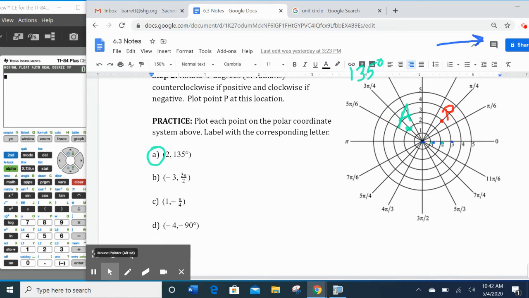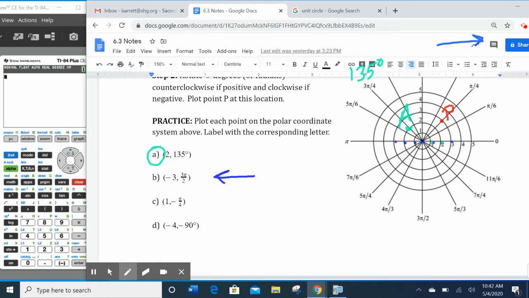So how do negatives affect this? Well, if r, the first coordinate, is -3, then instead of going out to the right, I'm going to go out to the left. So I want to go to the left 3 units: 1, 2, 3.